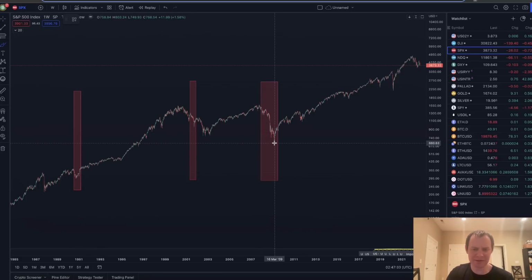If you look back at 2007, 2008, 2009, the stock market bottomed before the recession was over. If you had waited for the recession to be declared over before you started buying stocks, by that point the stock market was already up 40%. So I don't think it's necessarily wise to always say the market won't turn around until the recession's over.